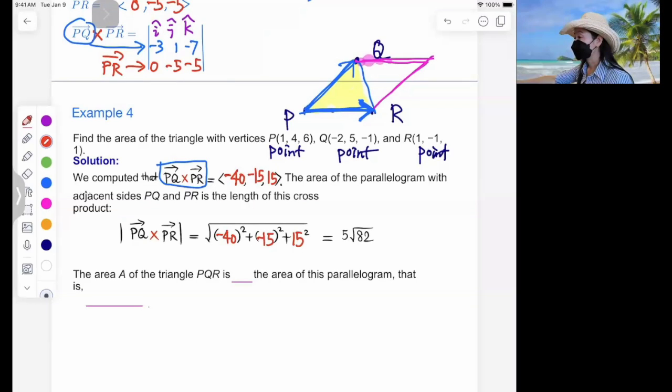This is the area of the parallelogram, right? But we're looking for the area of a triangle. So we cut it in half. So this should be half of it. Okay, so what's the area here? 5/2 times square root of 82, right?